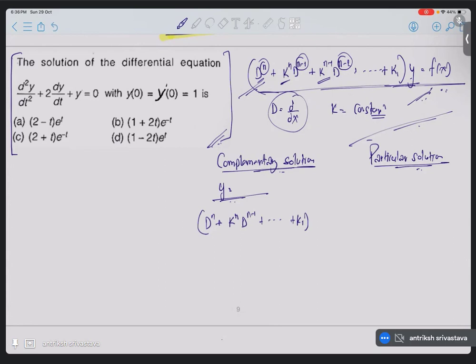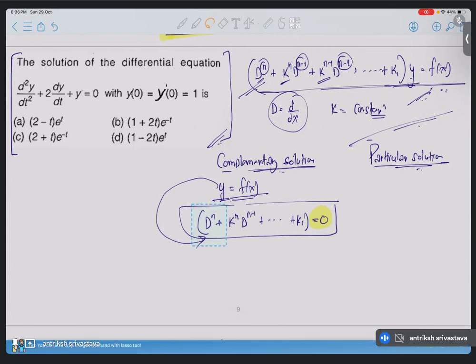This polynomial equal to 0. Remember, by solving this polynomial, whatever function for f(x) we get by solving this. And what is the particular solution? The particular solution is something which we get by solving this equal to f(x).